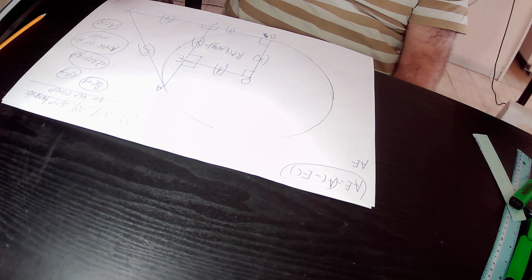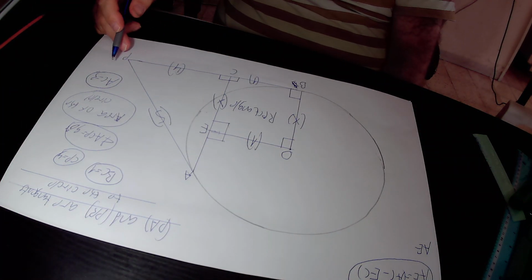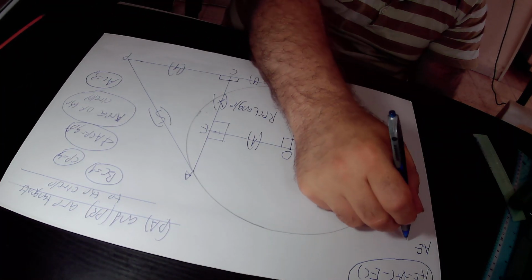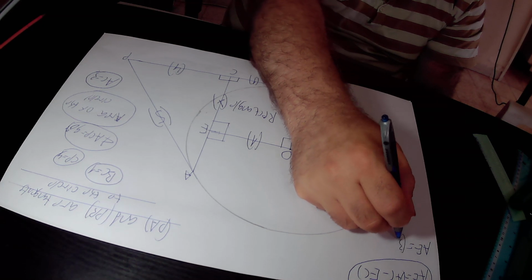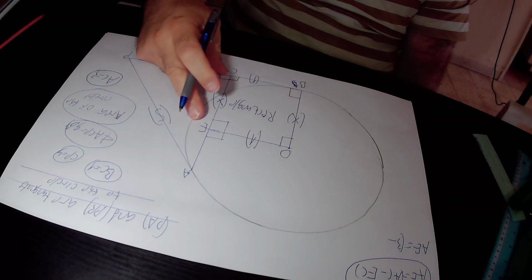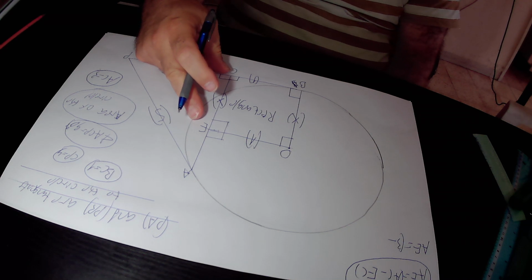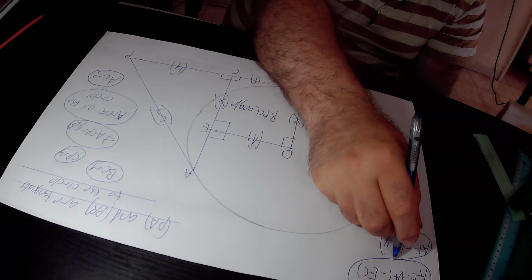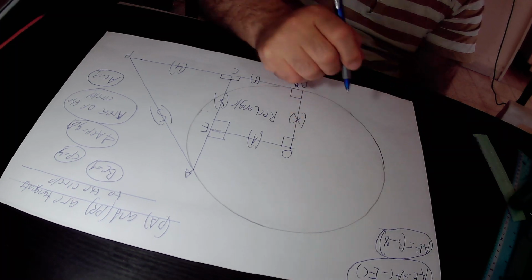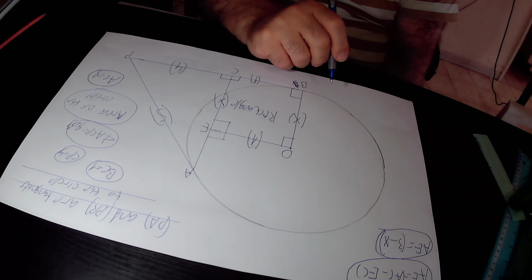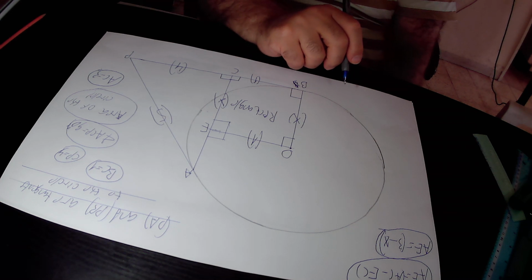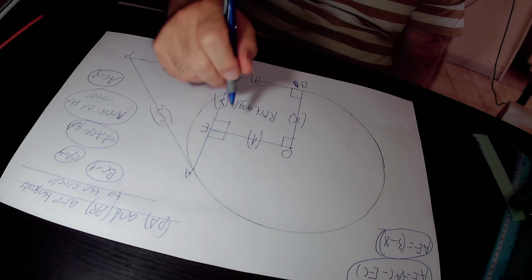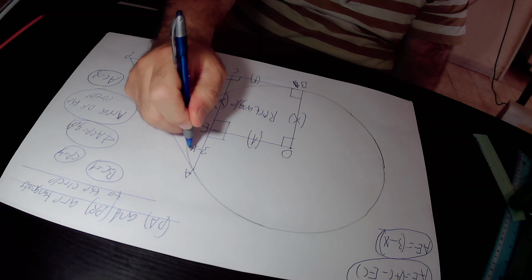AC is 3. Minus EC. EC is x. So in total, we found out that AE equals 3 minus x units in length.